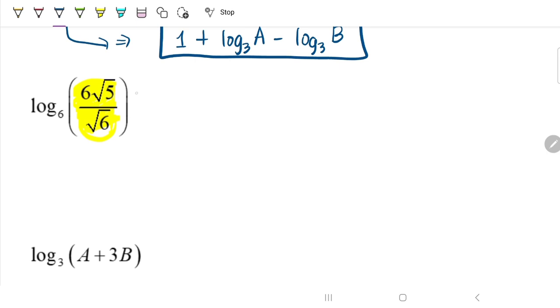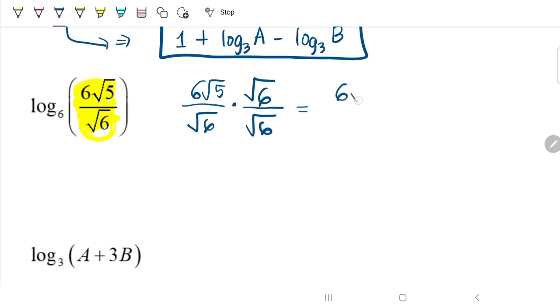Okay? So, again, 6 square root of 5 divided by square root of 6. To remove the radical sign in our denominator, we need to multiply both the denominator and the numerator by square root of 6. Okay, so by doing that, we have 6 times square root of 5 times square root of 6 is square root of 30.